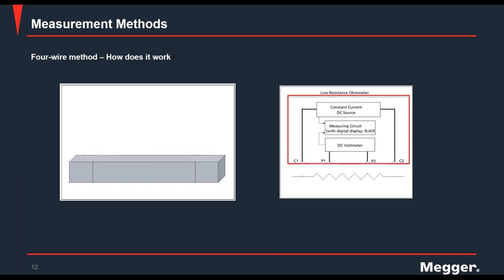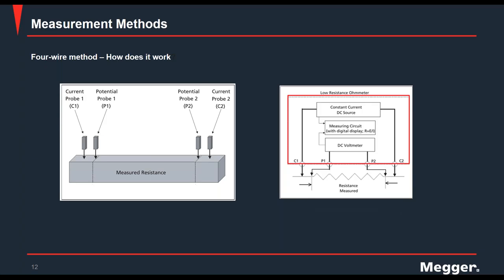Once you know the voltage drop and the current value you have injected, the measurement circuit will calculate the resistance as voltage over current. As you see here, you would use your current probes to inject current. Your potential probes would measure the voltage drop generated because of that current flow. And then you'd have the resistance value that's measured.